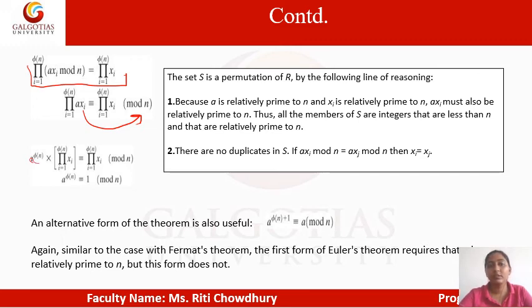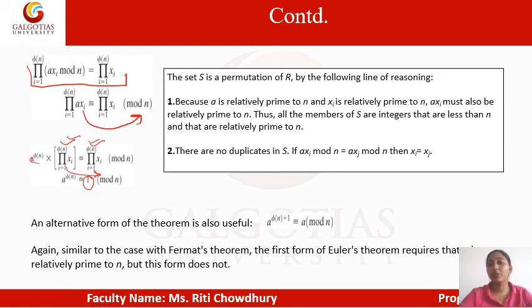As this is constant, we can take it outside, so we have taken it as common, and we have written only the xi part in the product, and this will be similar to this one. As these two are similar, we can ignore that and directly divide it. The result will be 1, and this is 1 mod n. So likewise we can prove that whatever we have said earlier is true.